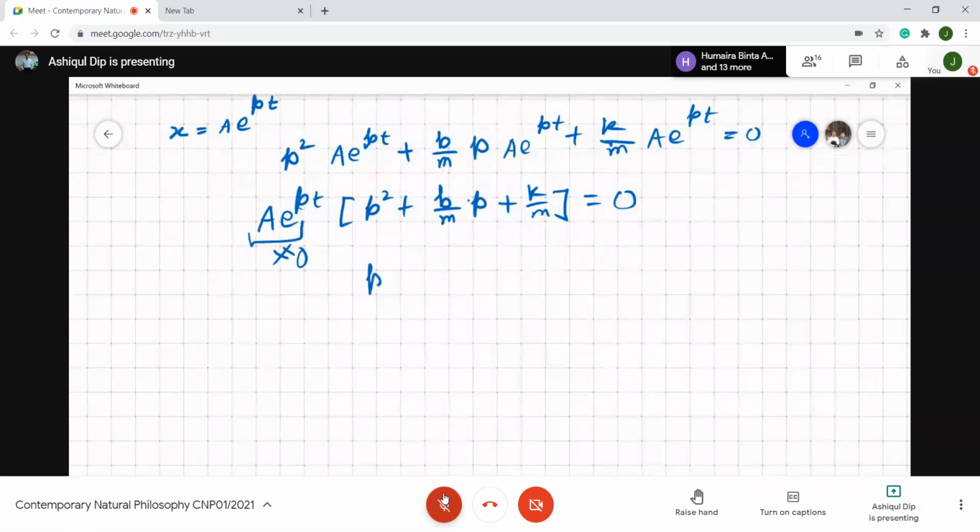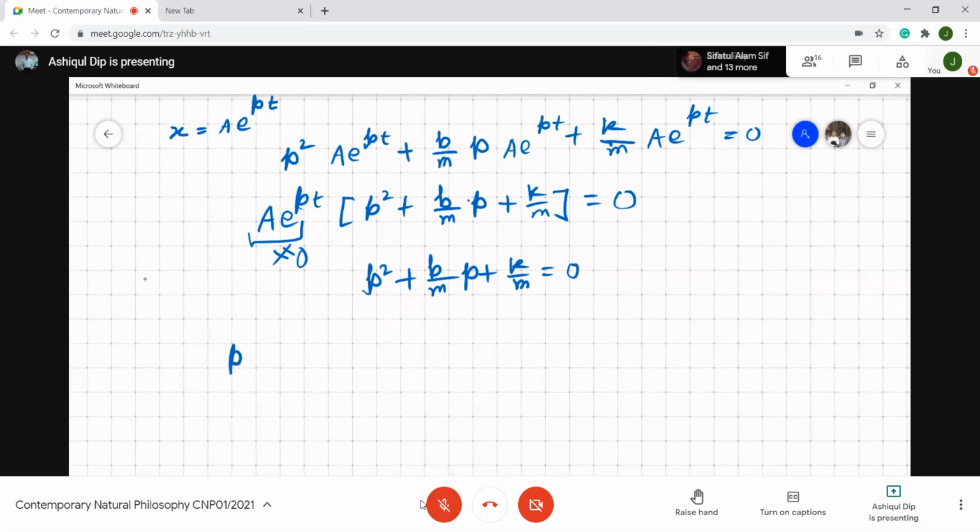Yeah. p squared plus b over m p plus k by m has to be 0. I think we can put gamma and omega squared here. Yeah, we can do that in the last step, after solving the quadratic equation. So in terms of p, we have a quadratic equation and we know how to solve it.